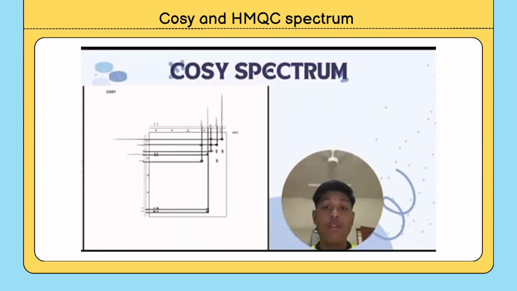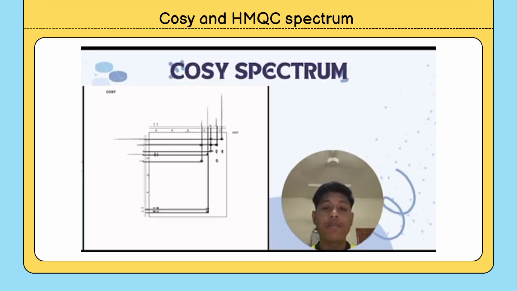Hi everyone, today I'll be walking you through a 2D NMR analysis using COSY and HMQC spectra, which are powerful tools for determining molecular structure. Let's begin with the COSY spectrum. This is a homonuclear correlation chart that shows proton-proton couplings. Each cross peak in the off-diagonal area tells us that two protons are coupled, meaning they are close in the structure, typically 2 or 3 bonds apart.